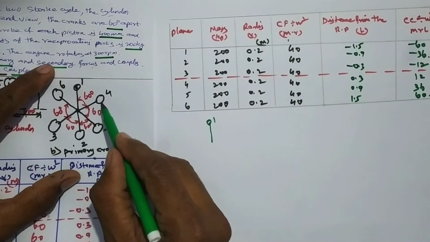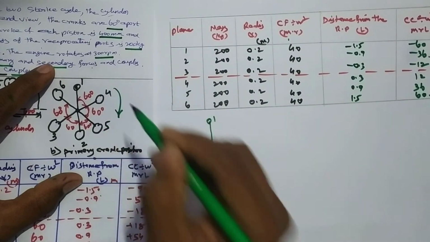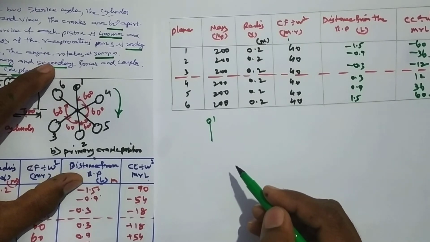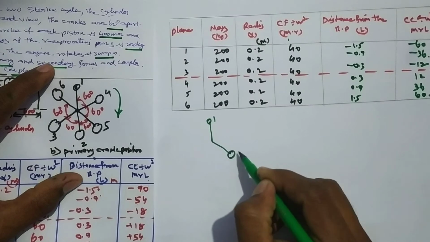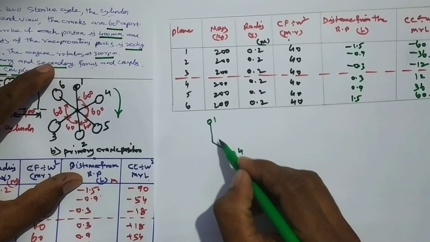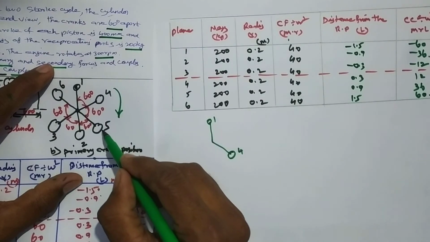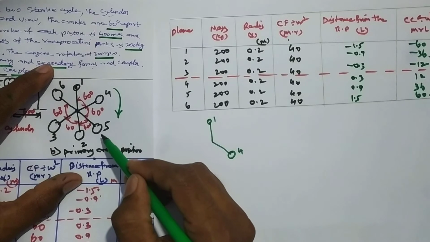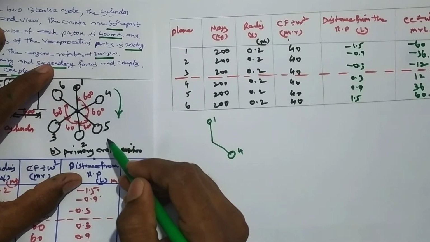Then the fourth cylinder, the crank is rotating in this direction, right. So the angle is 60, 2 times 60, that is nothing but 120 degree. So here it is the fourth cylinder, a 120 degree angle, right? Next, the fifth cylinder. The fifth cylinder location is 360, so 360 into 2, you are getting 720.